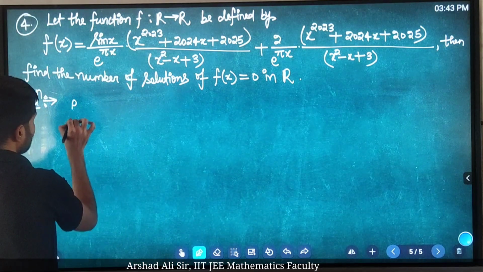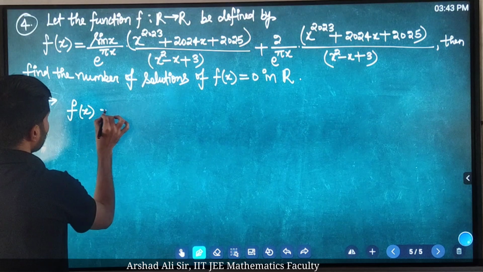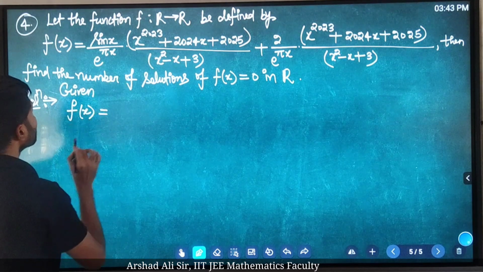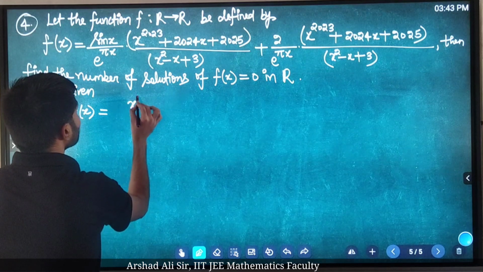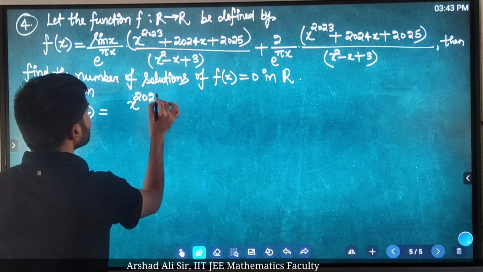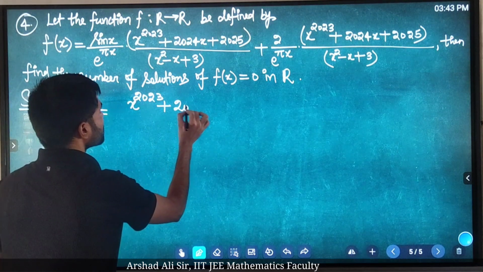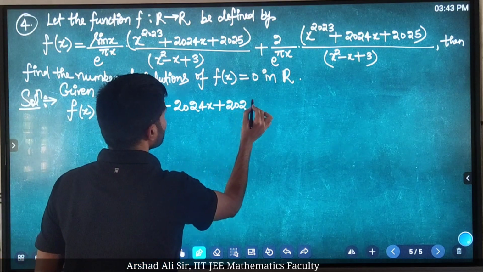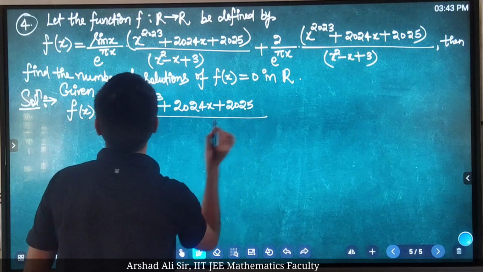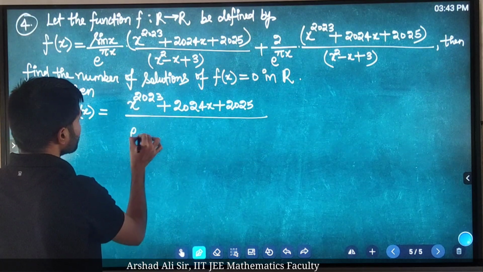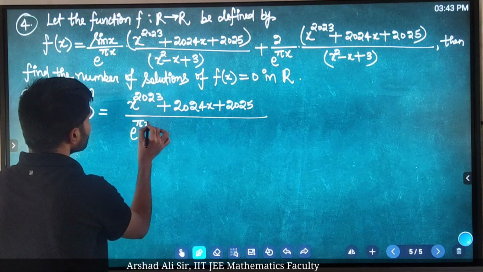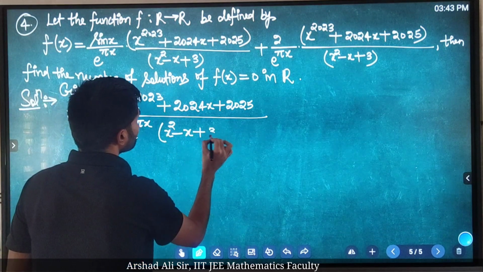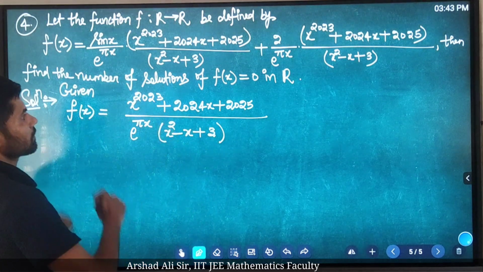So we can write like that, f of x is equal to, what we have given here, x to the power 2023 plus 2024x plus 2025 and whole divided by e to the power x also common, so e to the power pi x common, and here x square minus x plus 3, this whole term is common.